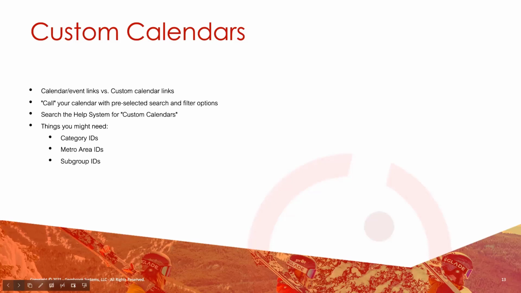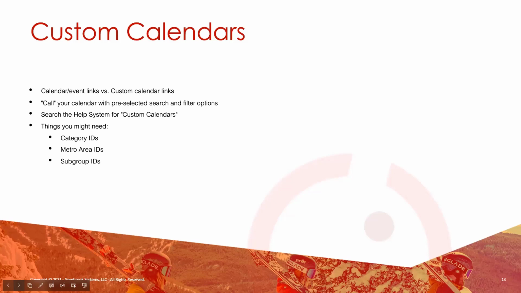So if you are a subgroup administrator and you want to be able to highlight quickly each subgroup's events, instead of having your members search for their particular subgroup, you can pre-fill the criteria for a link for that particular item. So what I would encourage you to do is play around with the custom calendar information that you can find on our help system and follow the instructions and see where it gets you.